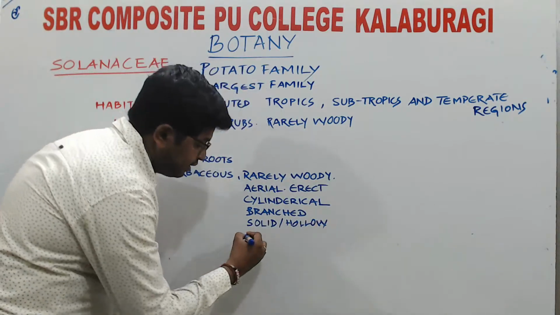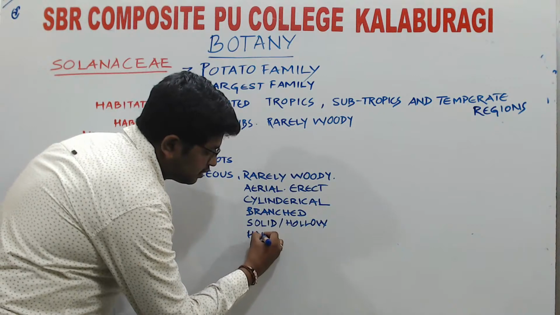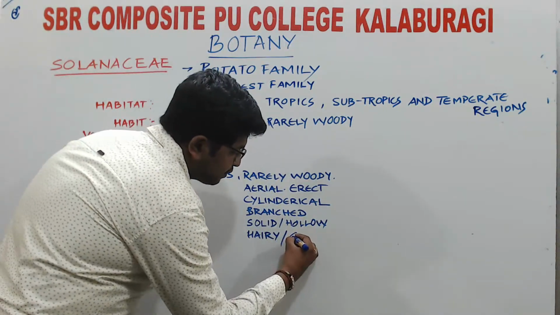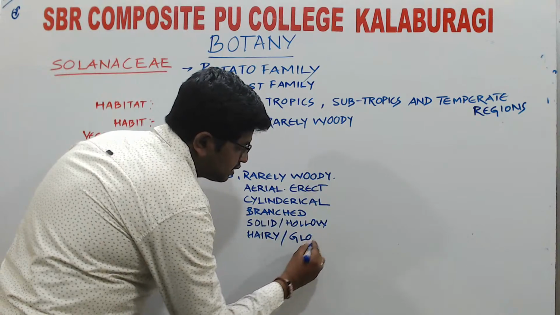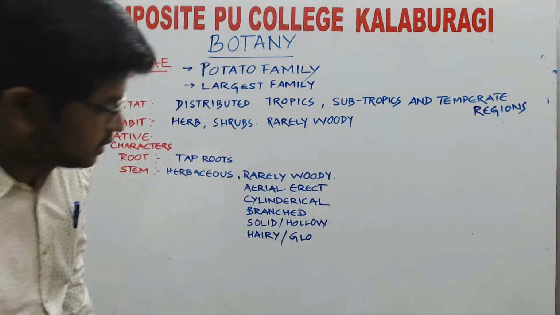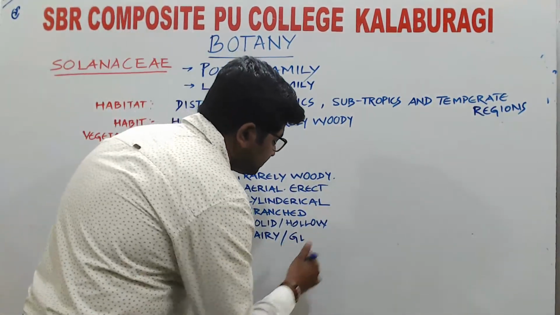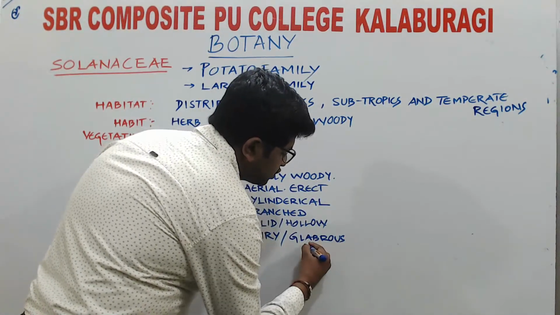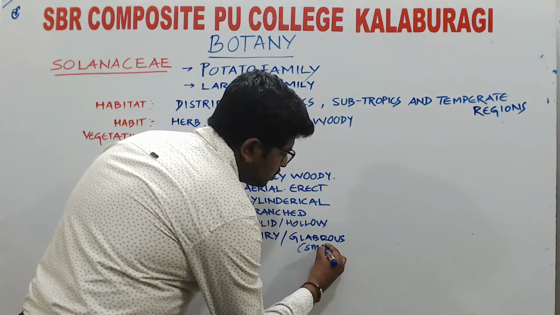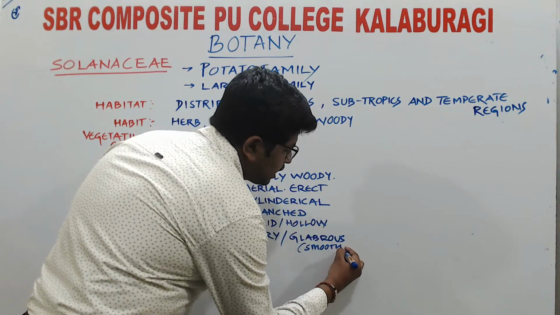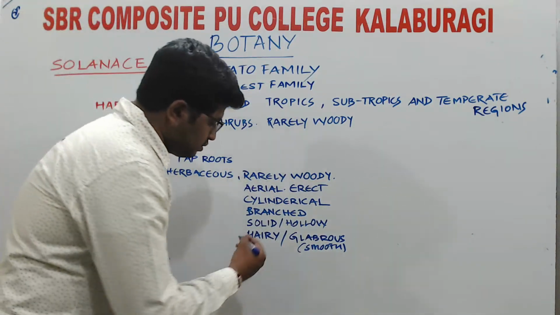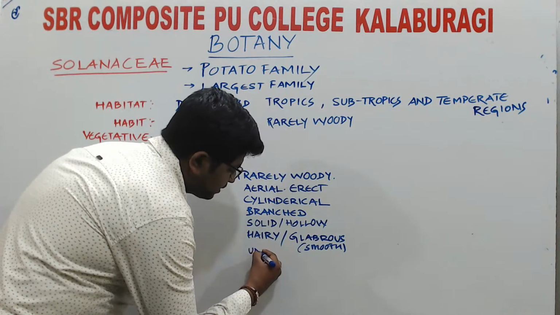As well, you may find a hairy stem, or you may find it glabrous. Glabrous means smooth.